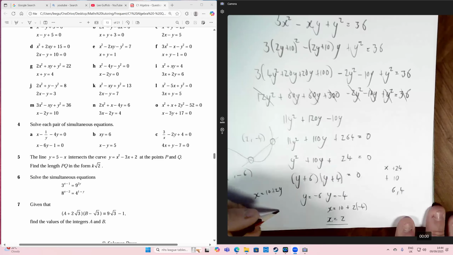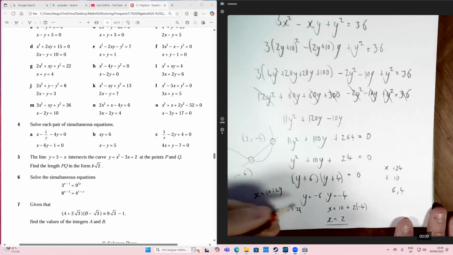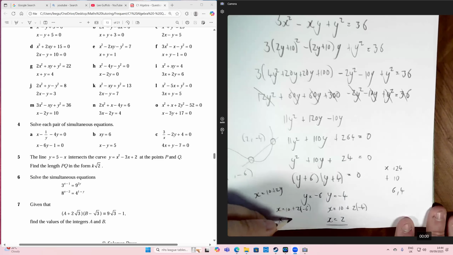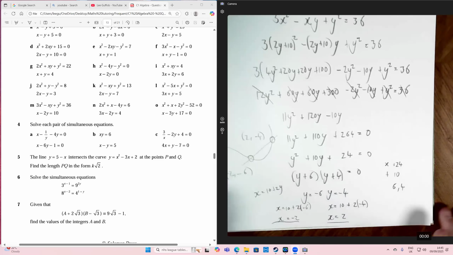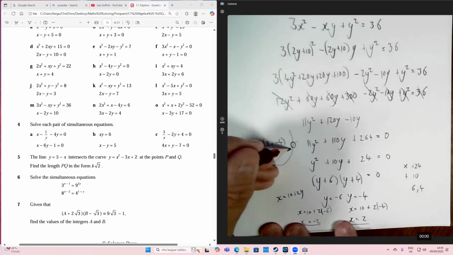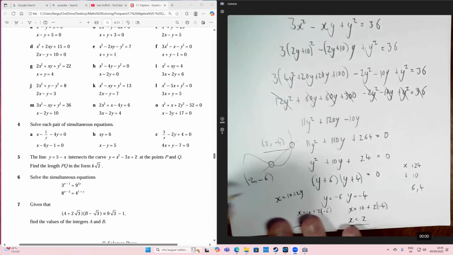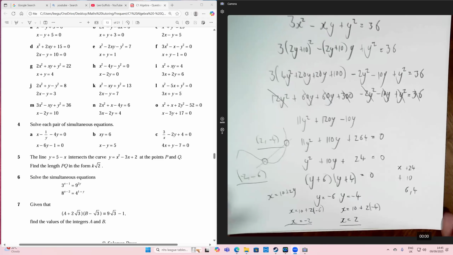And then the last one: x is equal to 10 plus 2 times -6 this time. So that is 10 take away 12, which is -2. So when y is -6, x is -2. And that's our solution to the question. The points of intersection are (2, -4) and (-2, -6), which is our final answer.